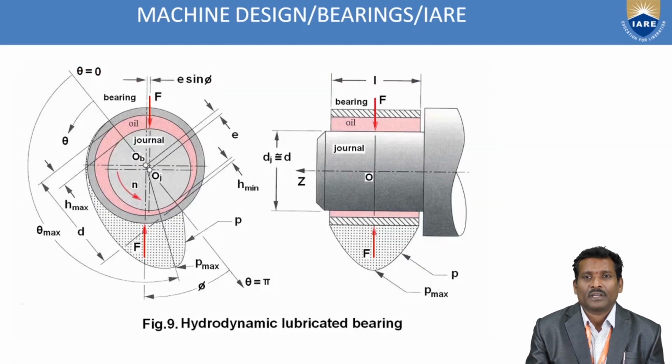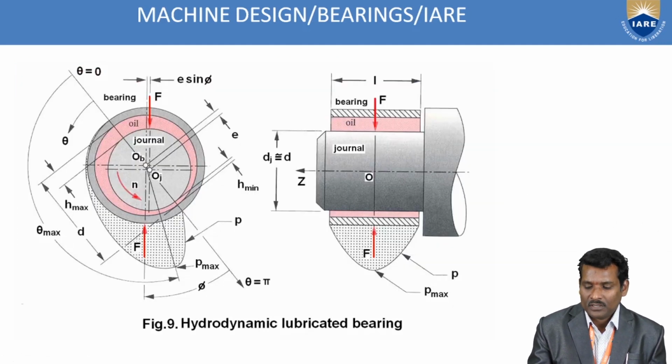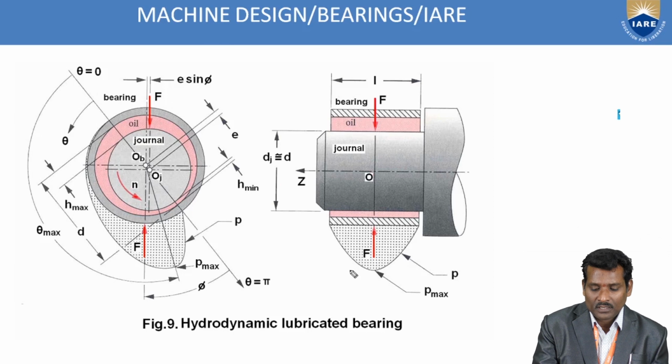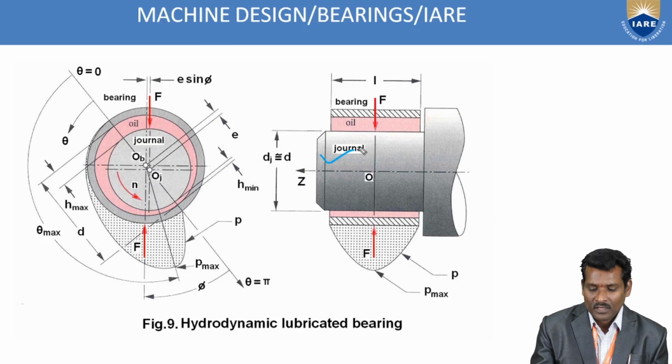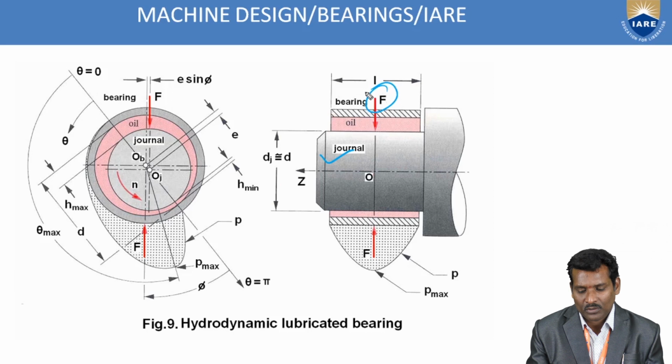Look at the figure. Here the hydrodynamic lubricated bearing diagram is shown. This one is the journal. As you already know, the portion inside the bearing we call the journal. The oil is present here, this is the bearing surface, and this load is a radial load.